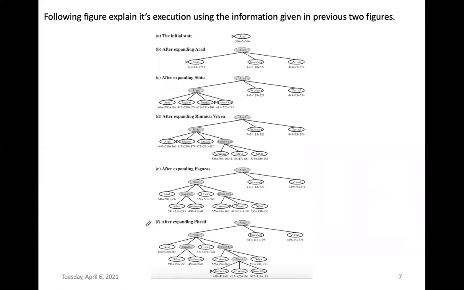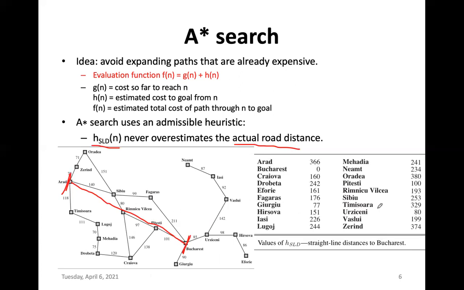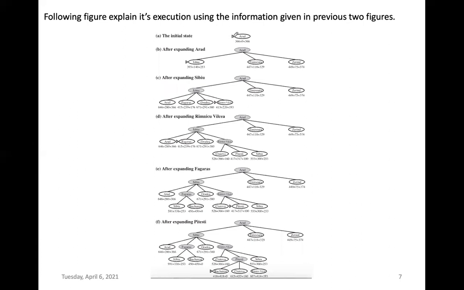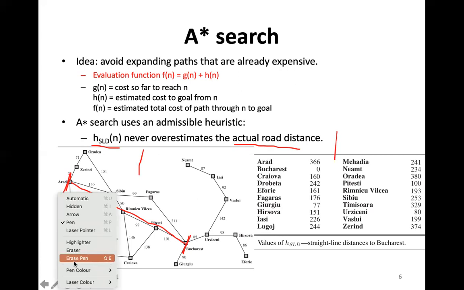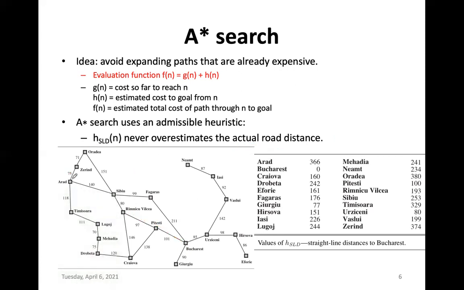Its execution is basically given here on this slide. If we have to go from Arad to Bucharest according to this map, and by using these SLD values, which is our h of n, and the values here on this map are g of n, then from Arad we have three possibilities: Sibiu, Timisoara, and Zerind.